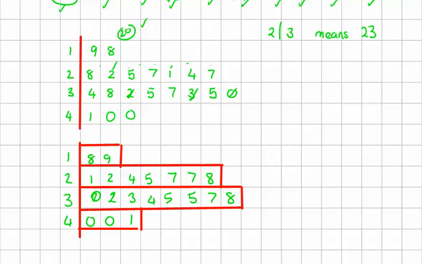Right. I want to maybe give you a helping hand, another method for finding the median. So we've got this stem and leaf diagram. I'm just going to rub out the red lines because they shouldn't really be there.